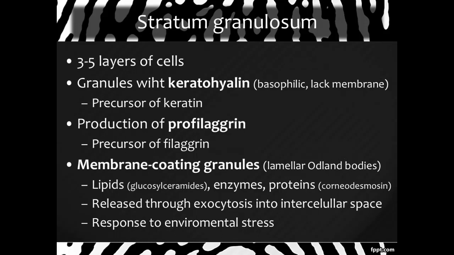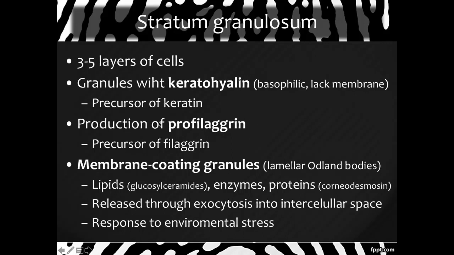The third layer is called the stratum granulosum. In this layer, there are 3 to 5 layers of cells. These cells contain conspicuous keratohyalin granules. These granules are basophilic, they lack membrane, and they contain many precursors and also proteins which are necessary for aggregation of cytokeratin filaments.